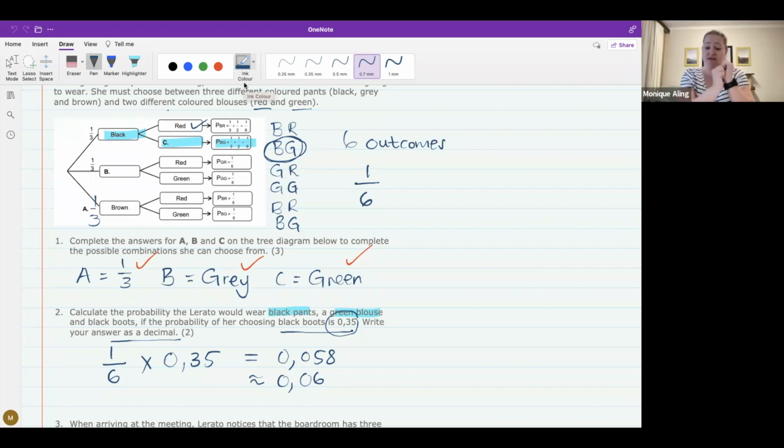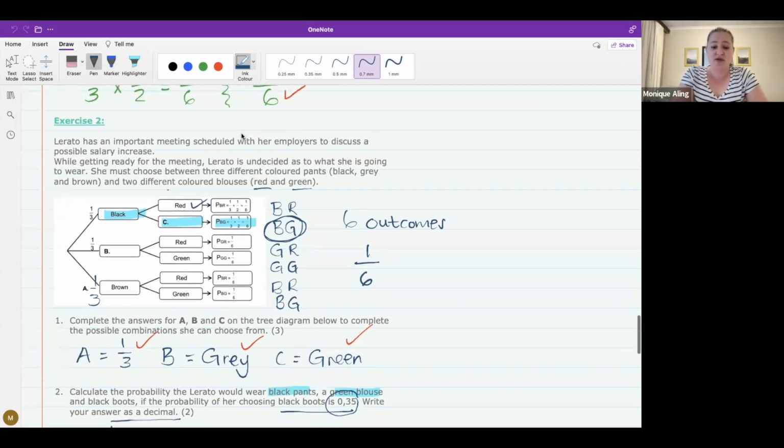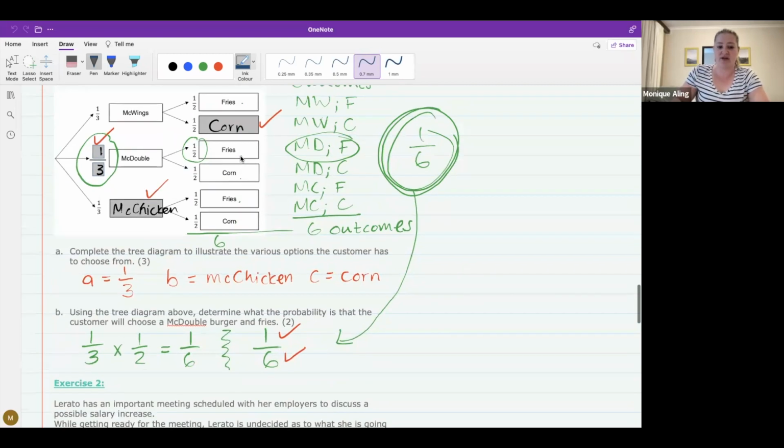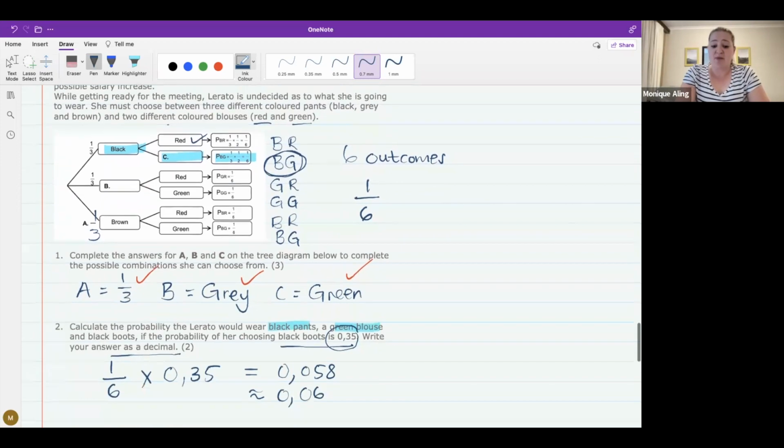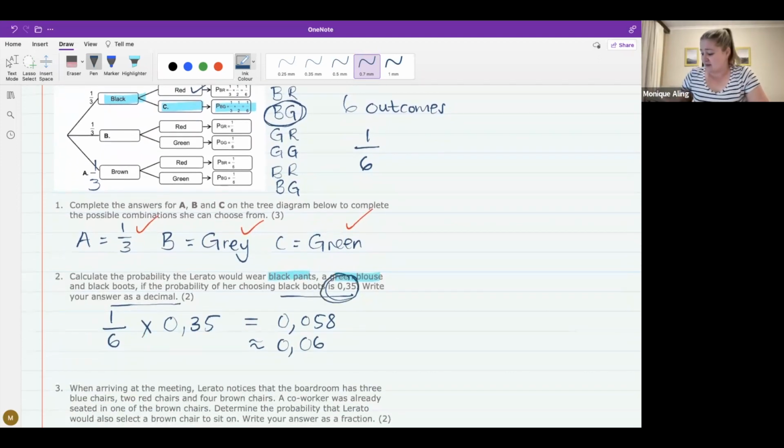That was fine, getting the 1/6. Then we just times by the probability that was given to us. Okay, so when in doubt, we just times the probabilities together like we did in the previous one, where we took the probability of the McDouble over here times the probability of fries. We times the two together. The only difference is this time the second probability was given as a decimal, but we are still timesing. And this just wasn't in the tree diagram, but it was still given to us.